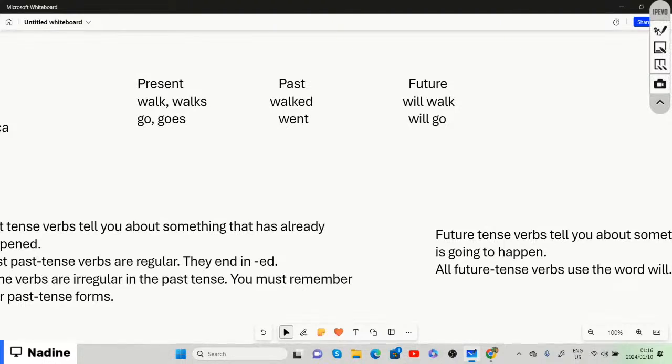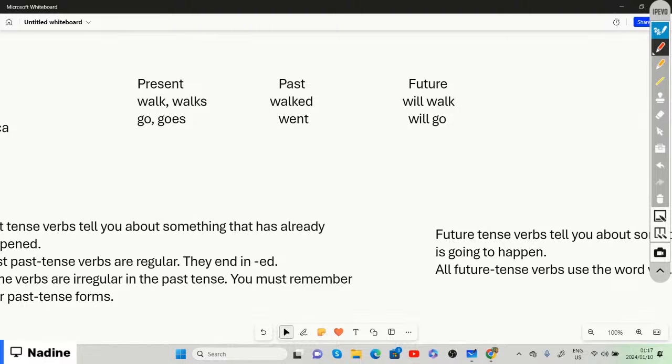And when we look at how to use the present tense, the past tense, or the future tense, and at words that may help in finding them, when we make sentences in the present tense, depending on whether it is singular or plural, we either add an S or we don't.